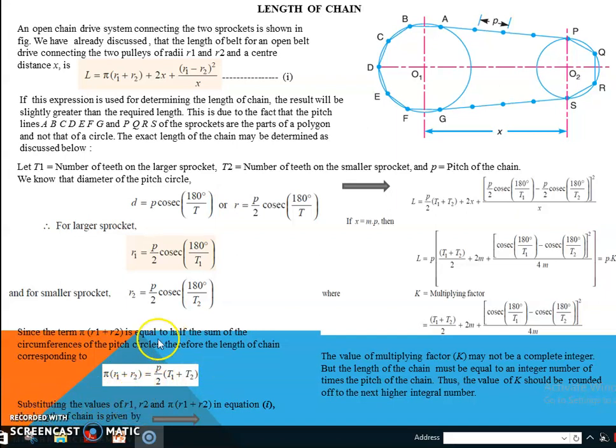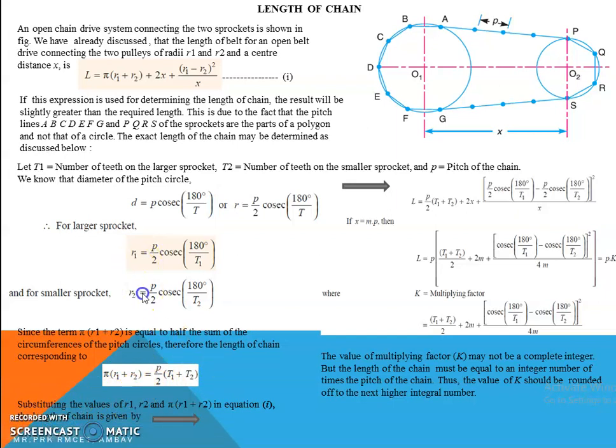Substituting the values of R1, R2 and π(R1 + R2) in equation number 1, the equation is modified like this: L equals P/2 (T1 + T2) + 2x + [P/2 cosec(180/T1) − P/2 cosec(180/T2)]² divided by x.